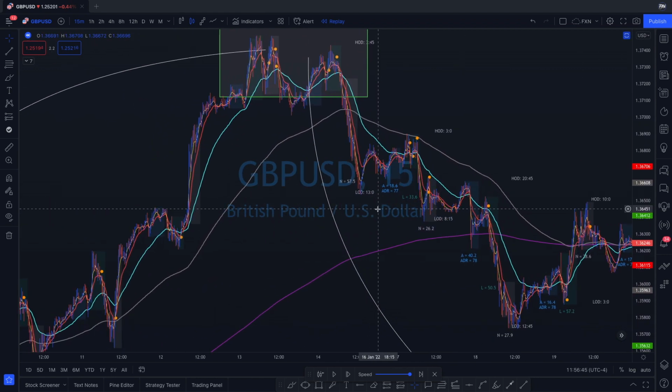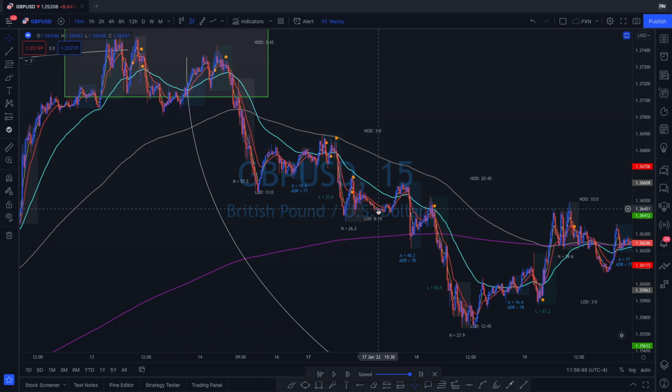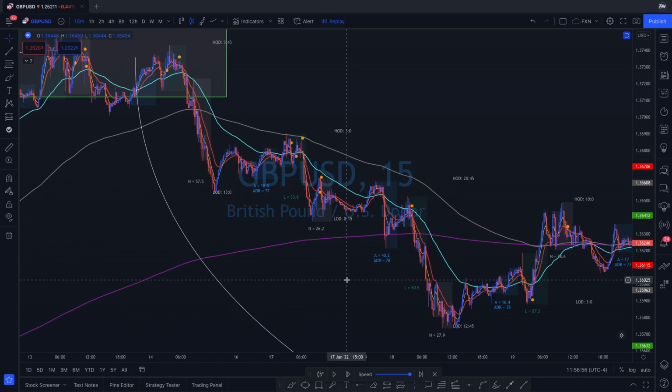You're going to see that after you get the 13 and 50 crossover on the 1 hour time frame, you will get opportunities to buy.